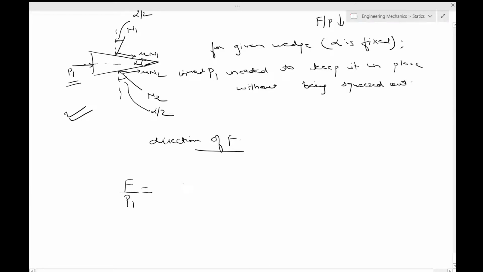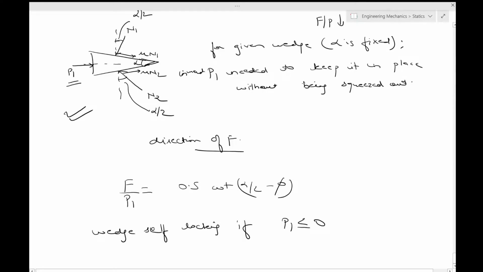So one would have F by P1 is equal to 0.5 into cot of alpha by 2 minus phi. So the wedge is self-locking if P1 is smaller than or equal to 0.